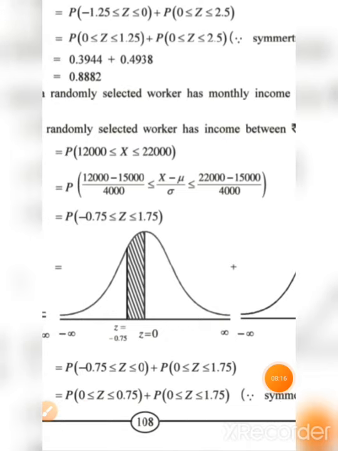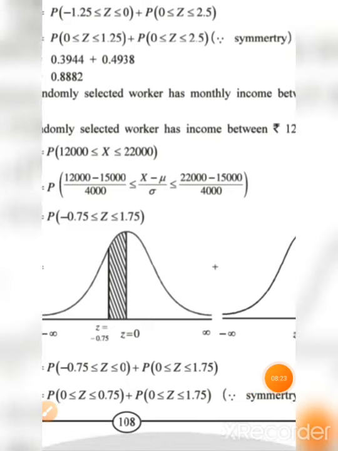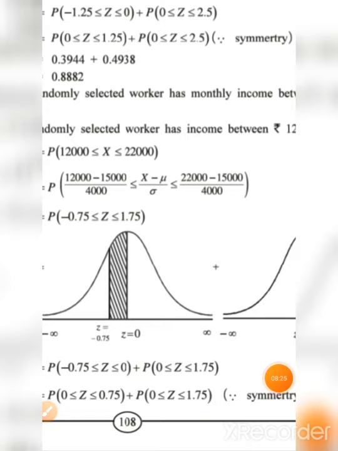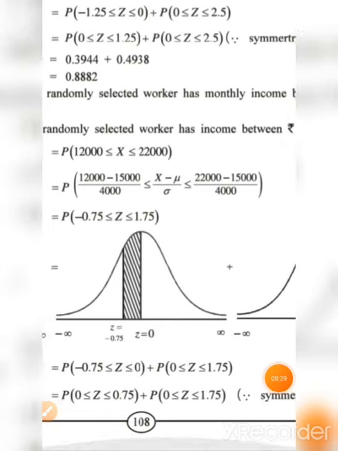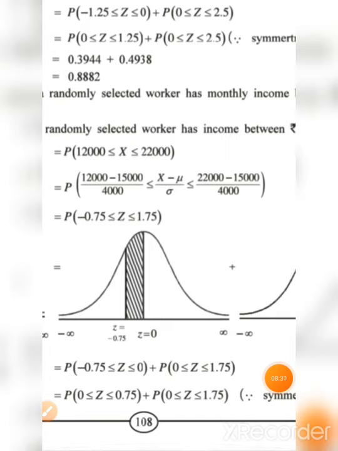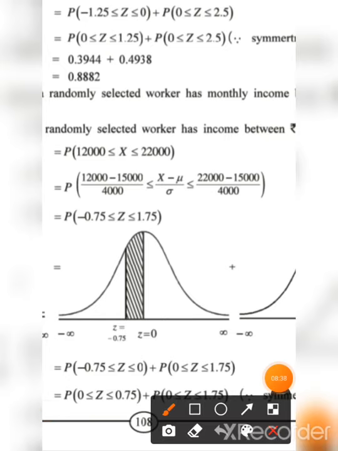The negative value we are going to take as positive. So P of 0 ≤ z ≤ 0.75 plus P of 0 ≤ z ≤ 1.75. Now again you are going to look at the standard normal curve table and get the answer. I will write it over here.